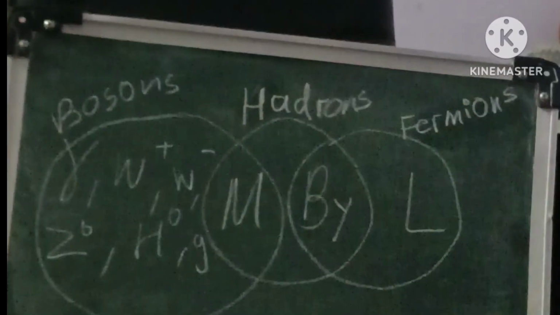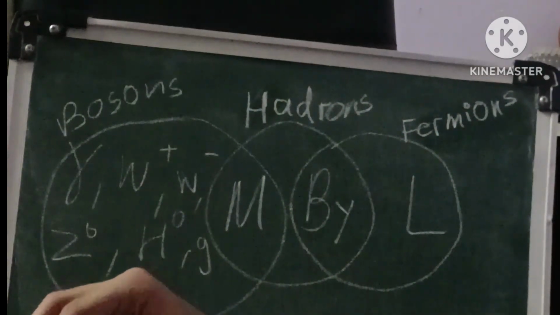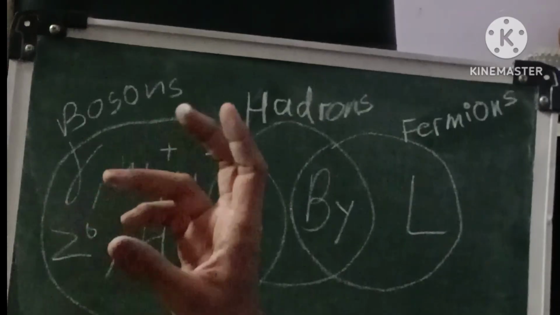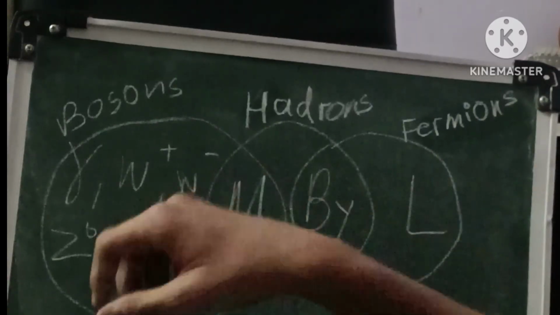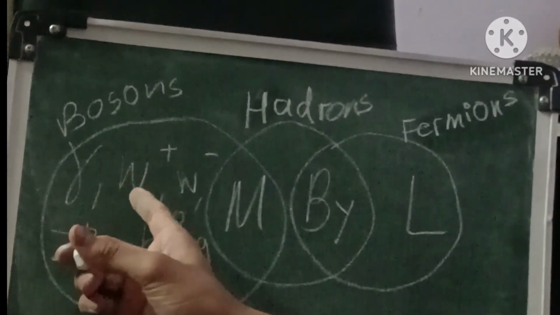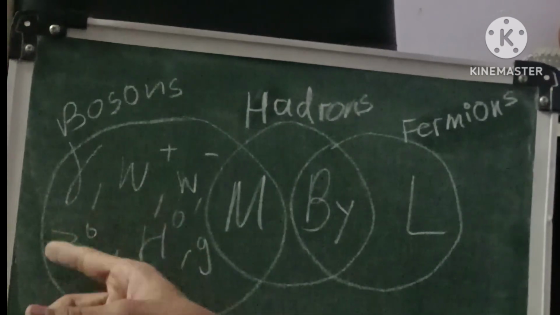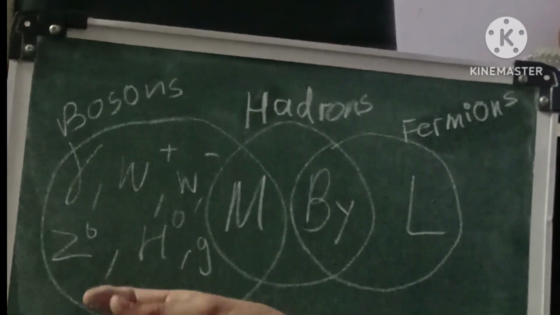First, let's see bosons. Bosons are those particles which have integer spin, not half integer, proper integer like 1, 2, 0, and all those. And these bosons include photon and W and Z boson, Higgs boson, gluon, the carriers of the forces.